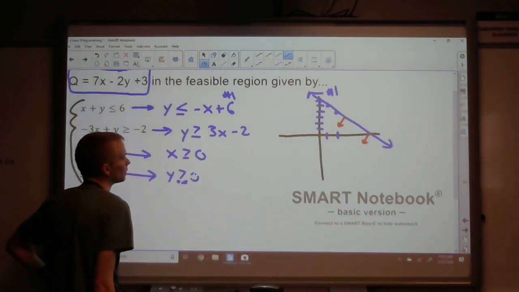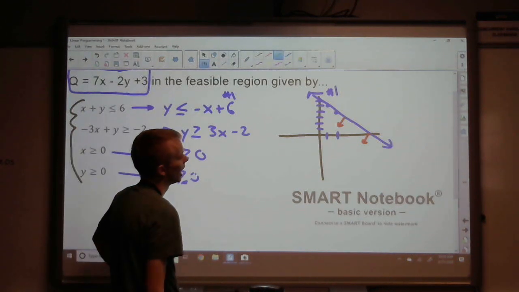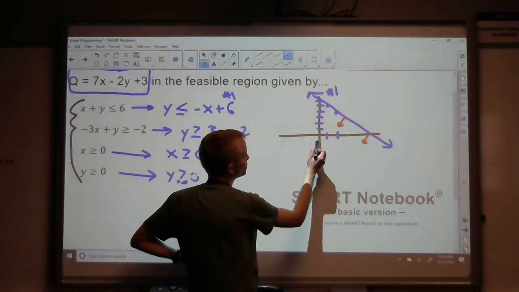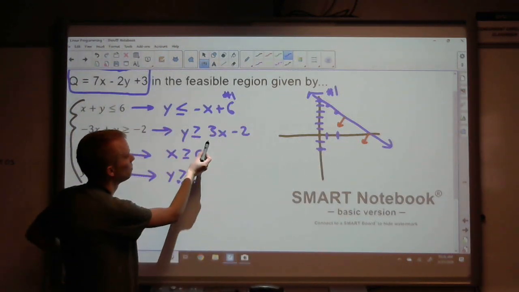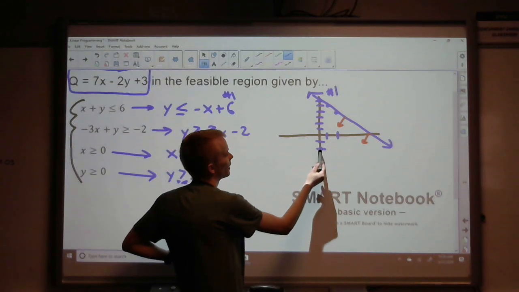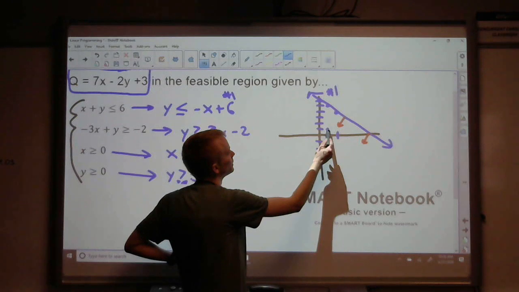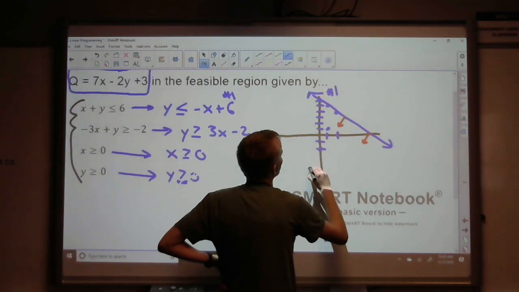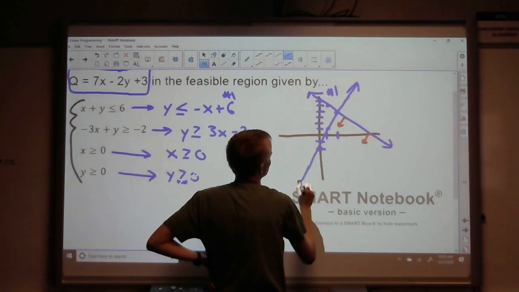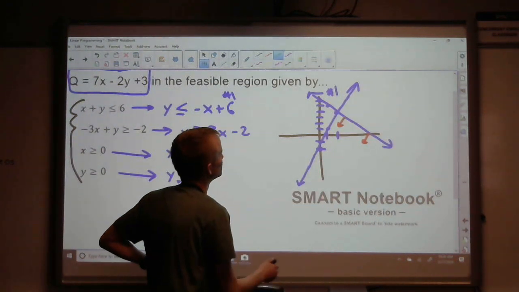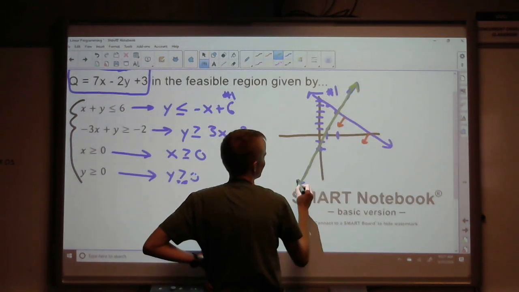Now, for this other one, 3x minus 2, we've got a y-intercept of -2, and then a slope of +3. So I go up 1, 2, 3, and then over 1. Maybe I should switch colors so that we have different colors.